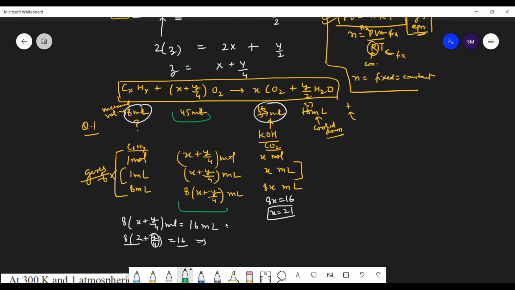ओके. क्या मिलेगा बताओ? डेट्स इक्वल्स टू, स्पीक अप, 45 हो गया ना बेटा?